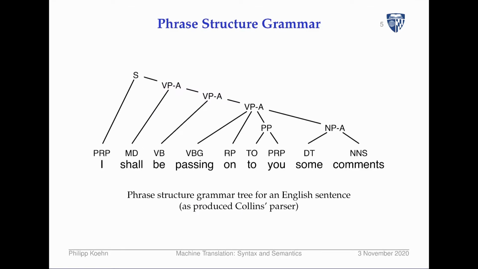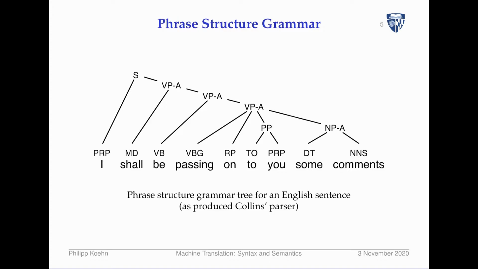Okay, let's look at an example here. This is actually a sentence from the European Parliament, so you kind of get the flavor of the sentence. I shall be passing on to you some comments. So I run this through an existing parser tool, which is Collins parser, and this is the tree structure it revealed.